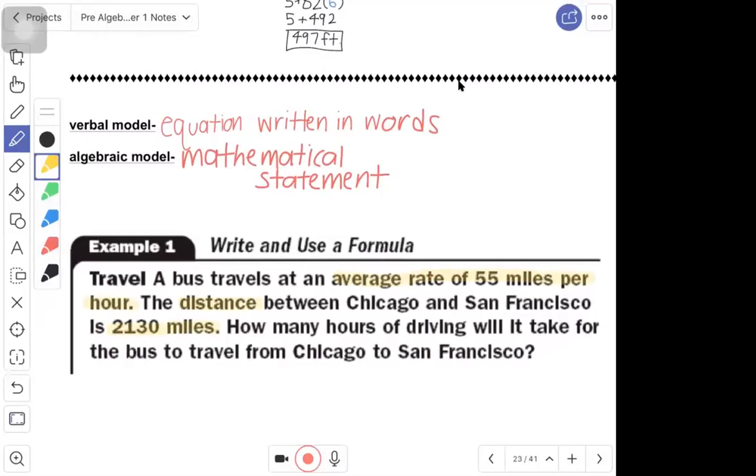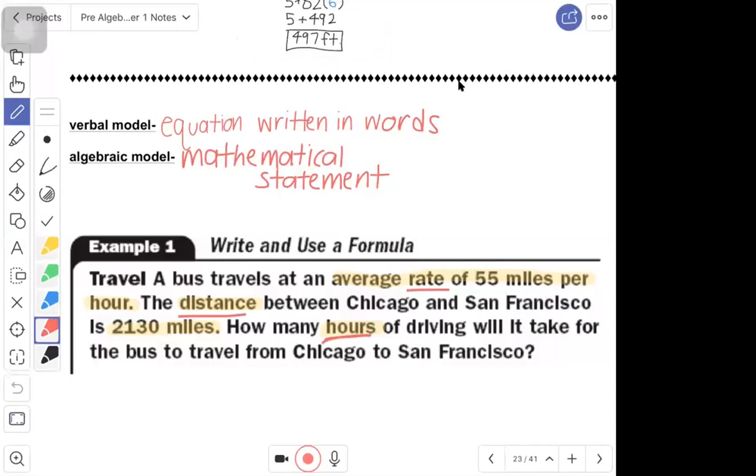And they want us to figure out how many hours it will take us to drive this distance. So we have our rate, a distance, and time, hours.